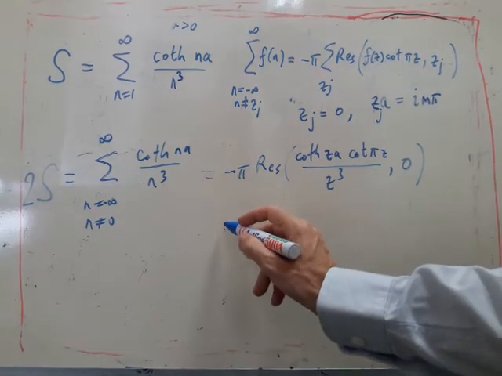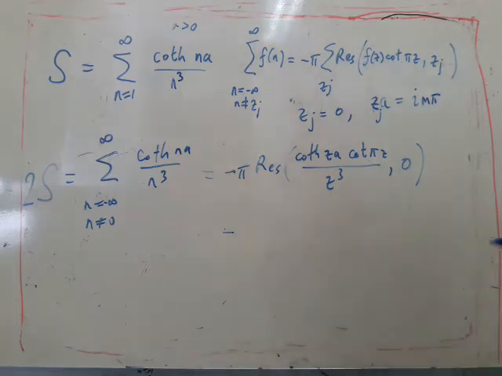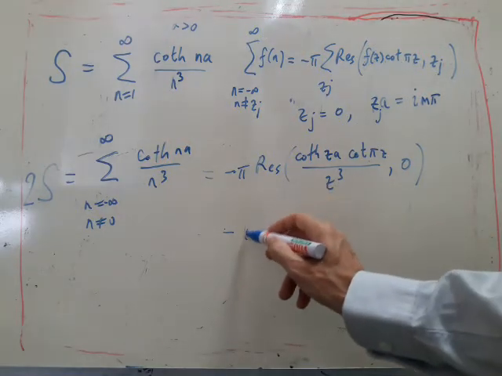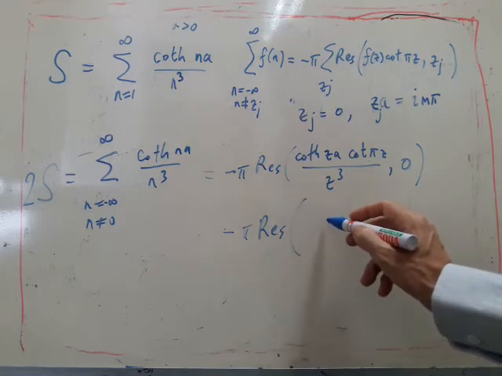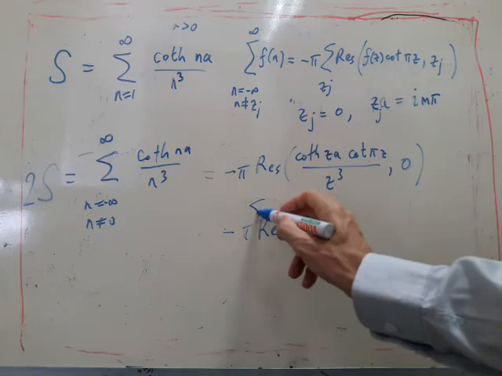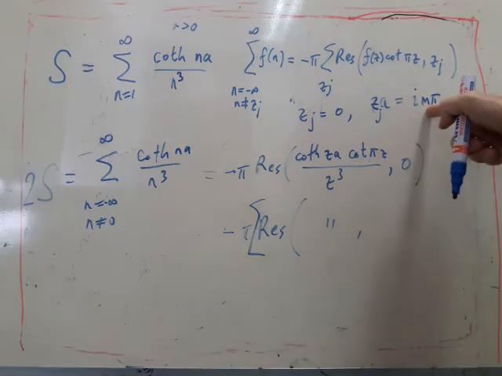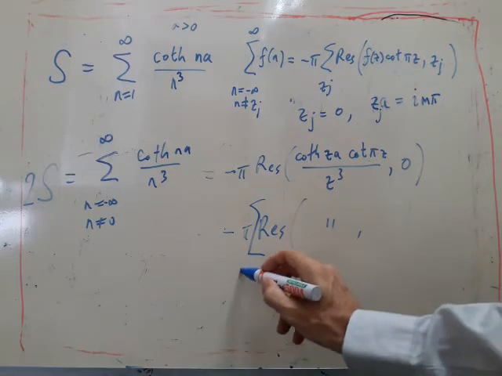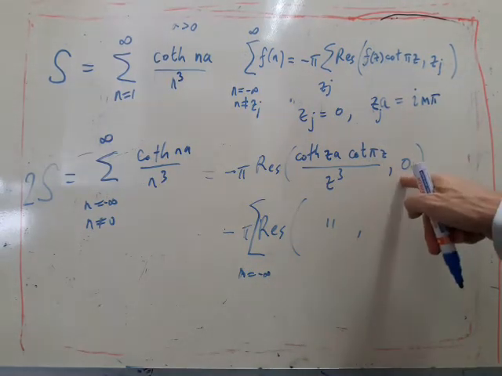and then we're going to have minus pi times the residue of the same thing, but at zj, now summed over all possible m, except m equals 0, which we've already dealt with in the first term.